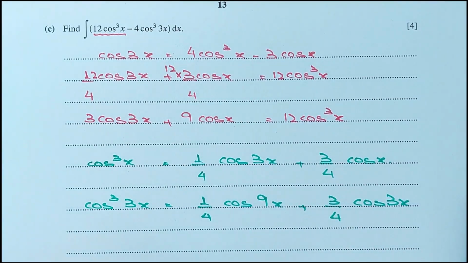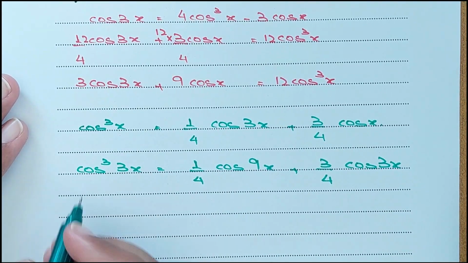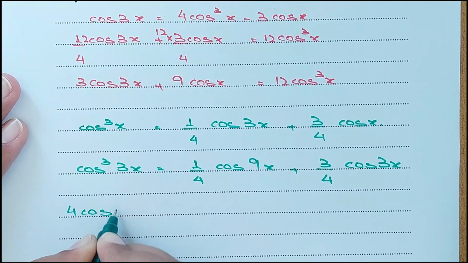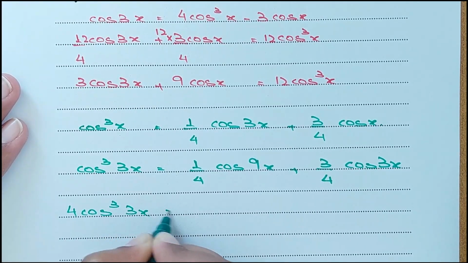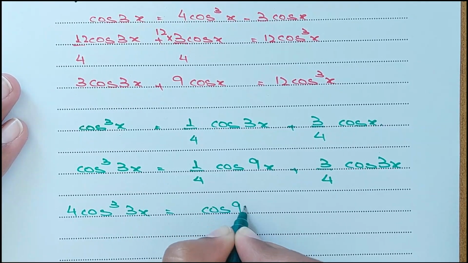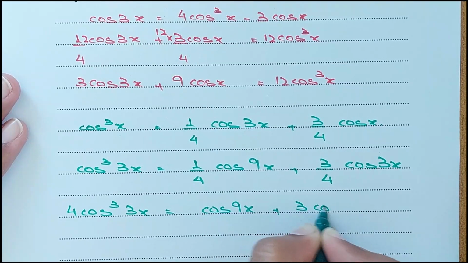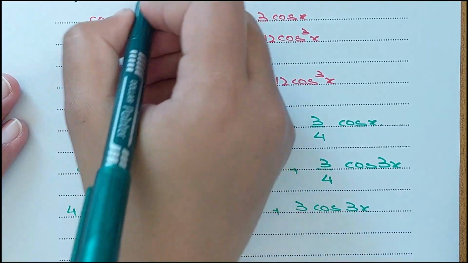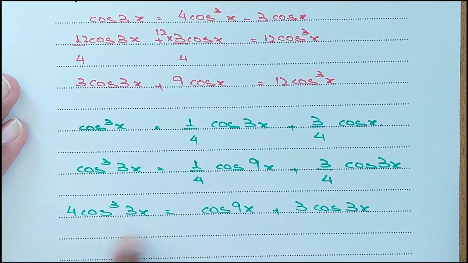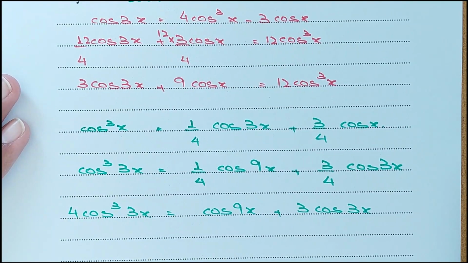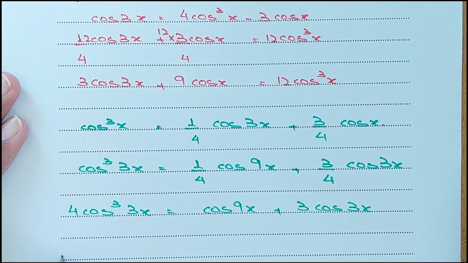Times by 4, 4 cos cube 3x is cos 9x plus 3 cos 3x. Over here, this value, let me substitute for the integral.